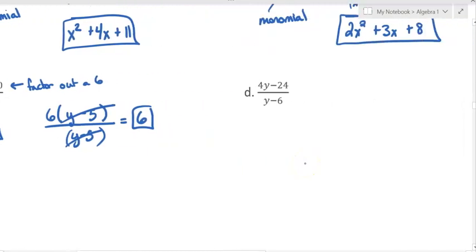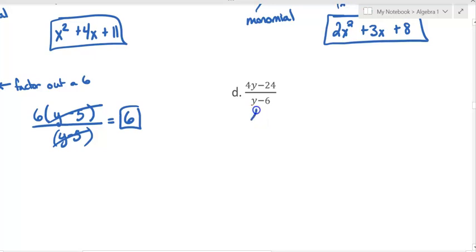Okay, let's try this one. So how I know to do this strategy is dividing by a binomial, 2 terms. So the first thing I'm going to do is I'm going to factor, which is kind of like undoing the distributive property, out a number they both have in common. The biggest number they have in common is 4. Both 4 divides by 4 and 24 divides by 4.